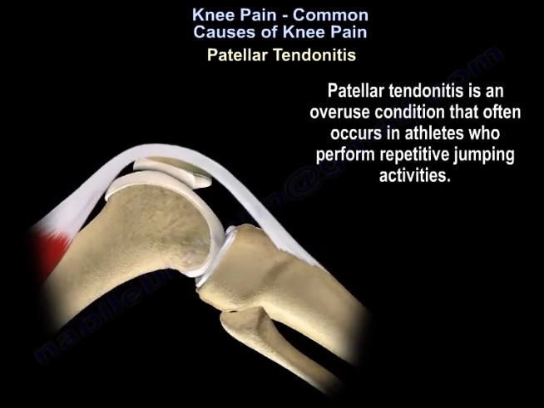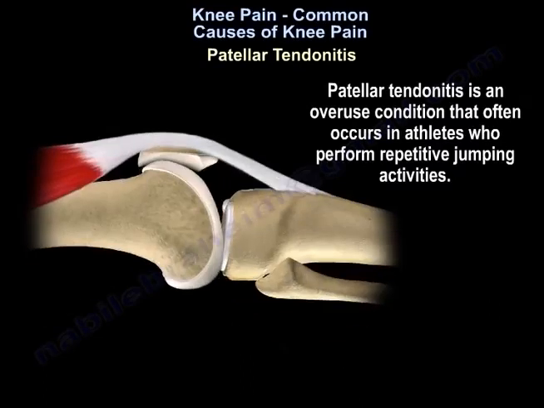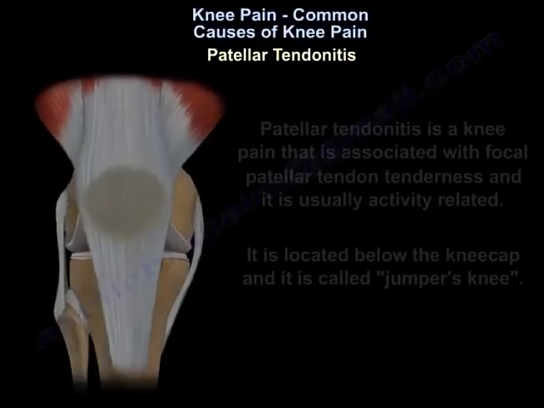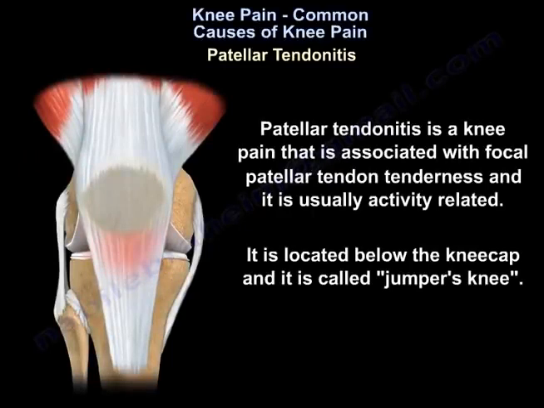Patellar tendinitis is an overuse condition that often occurs in athletes who perform repetitive jumping activities. Patellar tendinitis is a knee pain that is associated with focal patellar tendon tenderness, and it is usually activity related. It is located below the kneecap, and it is called jumper's knee.